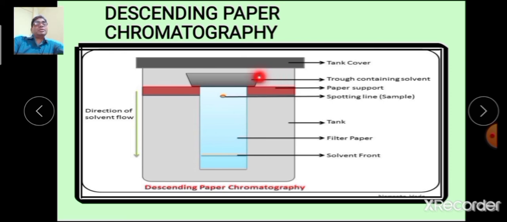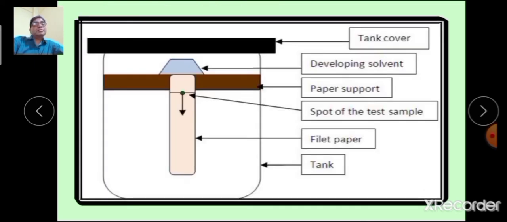This is the solvent, and it moves in the downward direction due to gravity and capillary action. This is the difference between ascending and descending paper chromatography. This is another variety of technique, the descending chromatography.